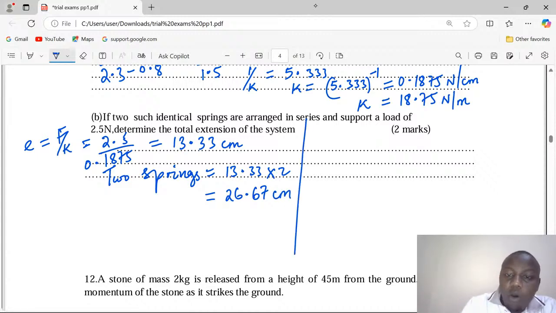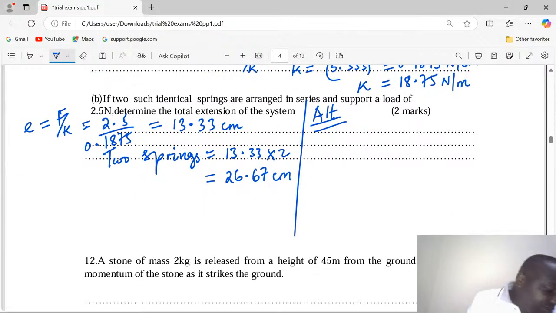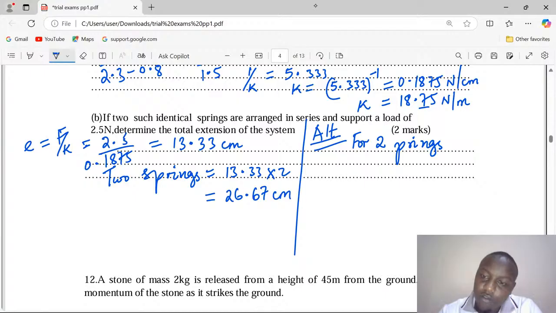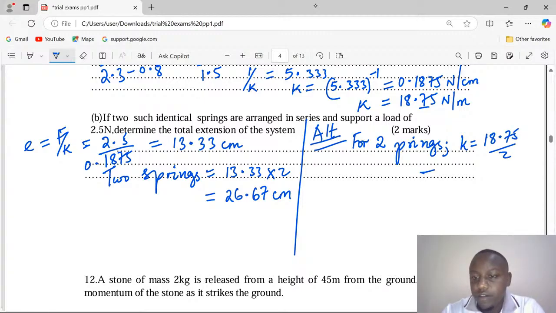Now, alternatively, an alternative approach says that in case we have the spring constant being this, then for two springs, the spring constant is going to divide by 2.